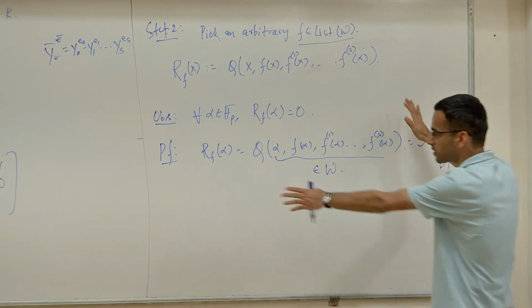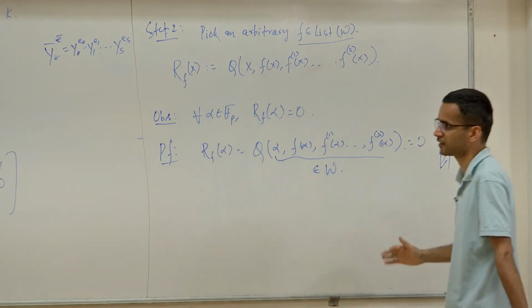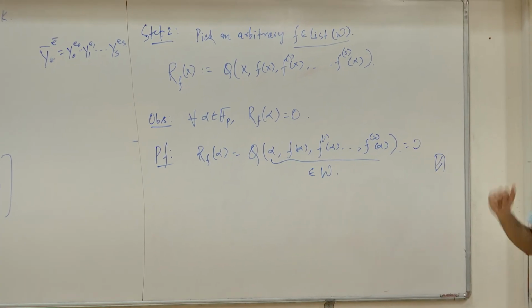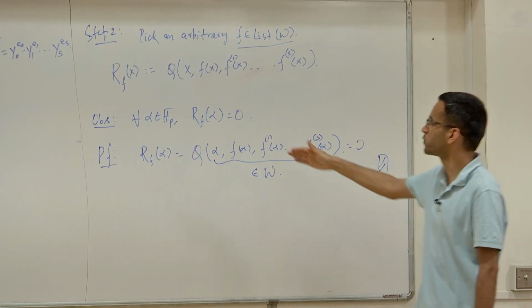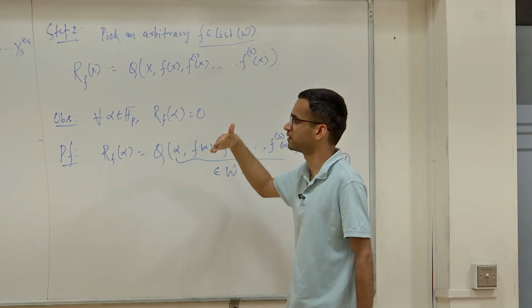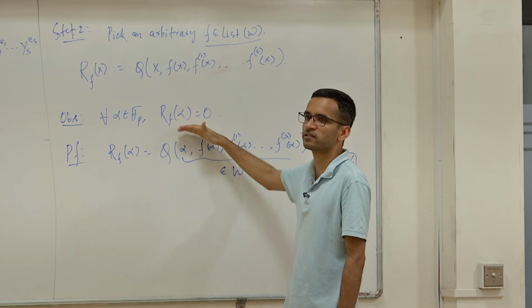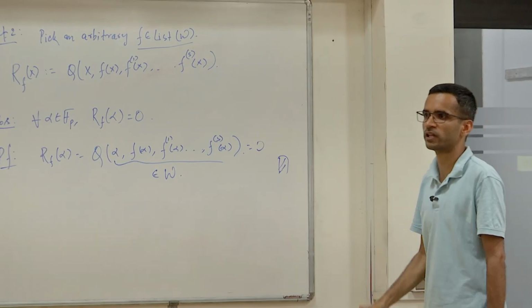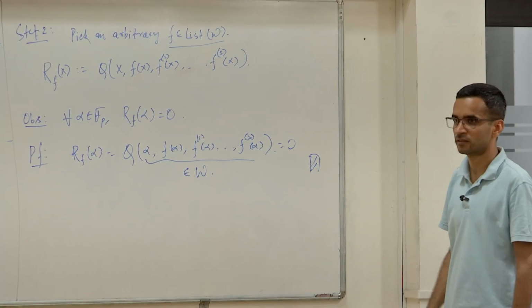I want to say that this observation will imply this in certain settings, and we want to set things so that we are in that setting. So when would we have the property that r sub f is 0 at all alphas in Fp, and conclude from this that r sub f must be identically 0, must be the 0 polynomial? When would that happen? Right.